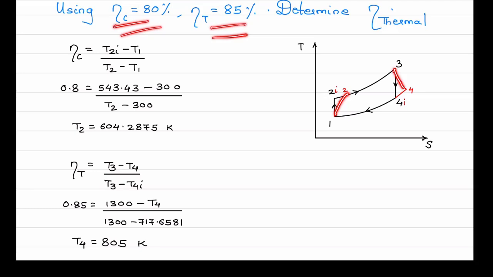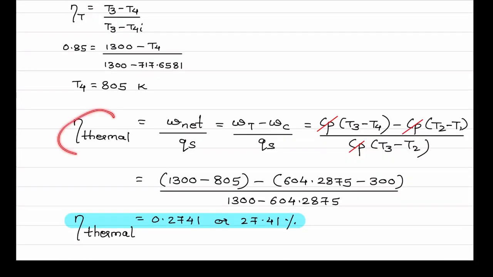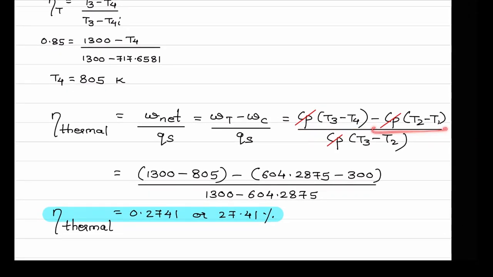So we need to go by the basic equation. What is the basic equation? Thermal efficiency of Brayton cycle is W net by Qs, and W net is Wt minus Wc, upon Qs. So substitute the Wt value and Wc value as shown here, divide by Qs. We know all the temperatures, substitute those values, and from there you can find the thermal efficiency.